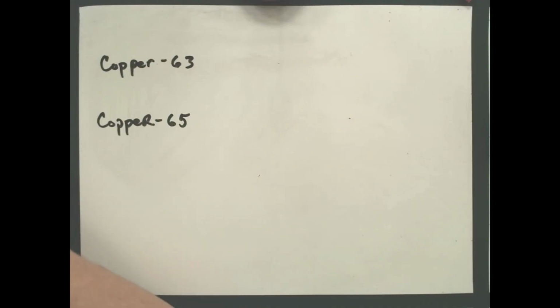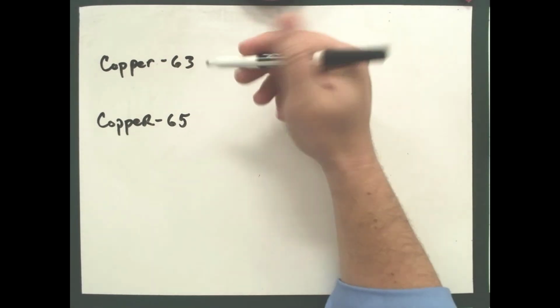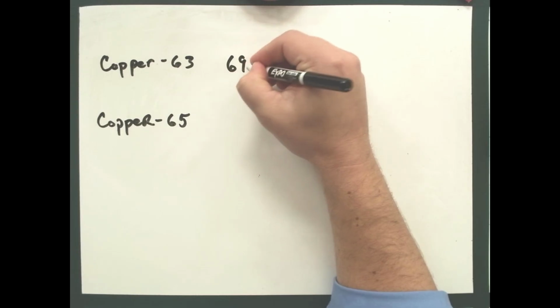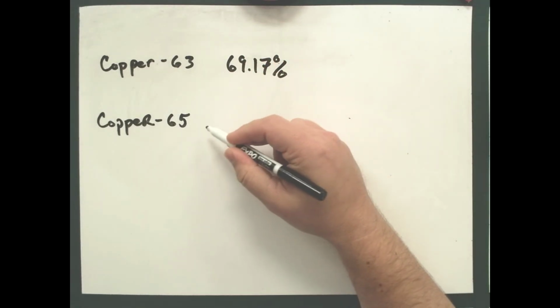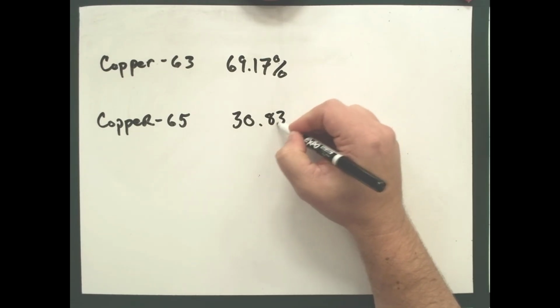So let's look at this example that was in your notes. We have copper 63 and copper 65. Now, your notes told you that copper 63 was 69.17% of all copper, and copper 65 is 30.83% of all copper.